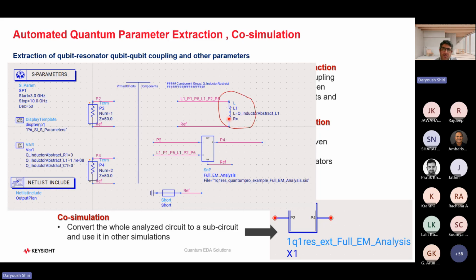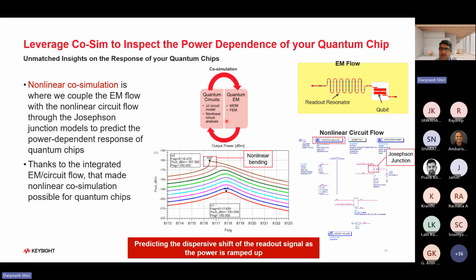And you are even able to detach this, put the real mathematical model of the Josephson junction, and then play with the power and see, for example, how the resonator based on this Josephson junction and parallel capacitor behaves as a function of power using the harmonic balance simulator, which is a nonlinear circuit simulator. And it shows how the resonator goes to the verge of chaotic behavior and so on.